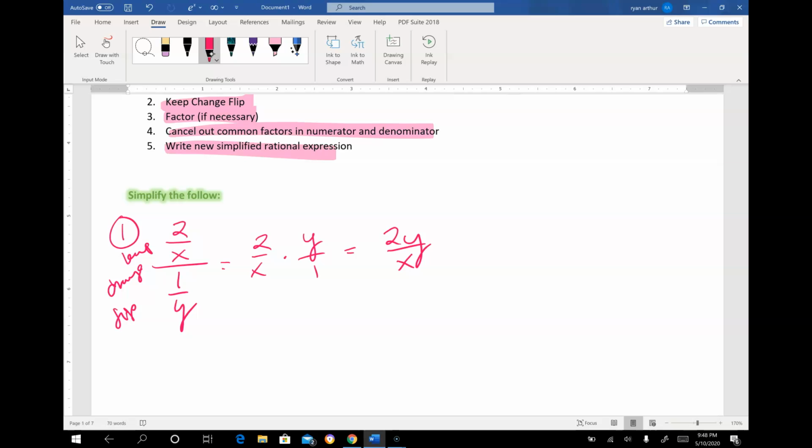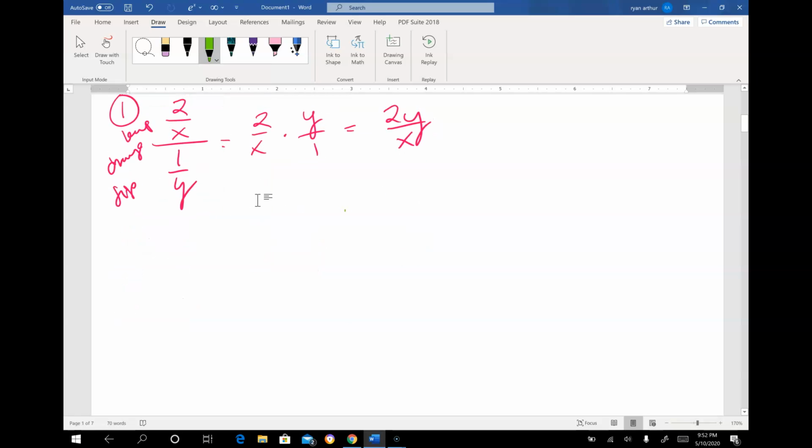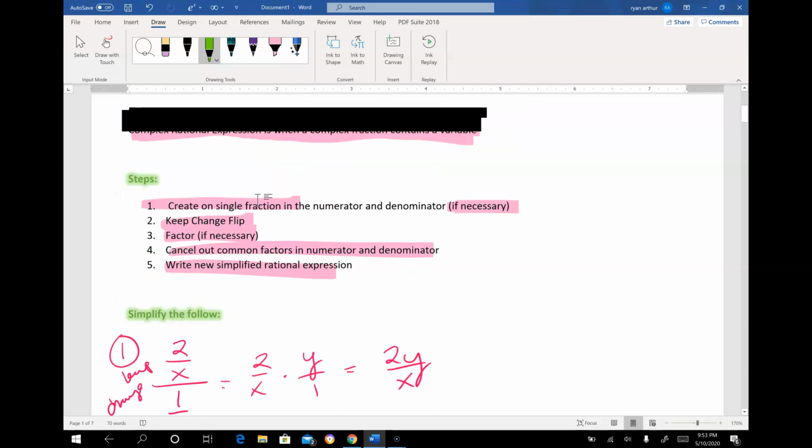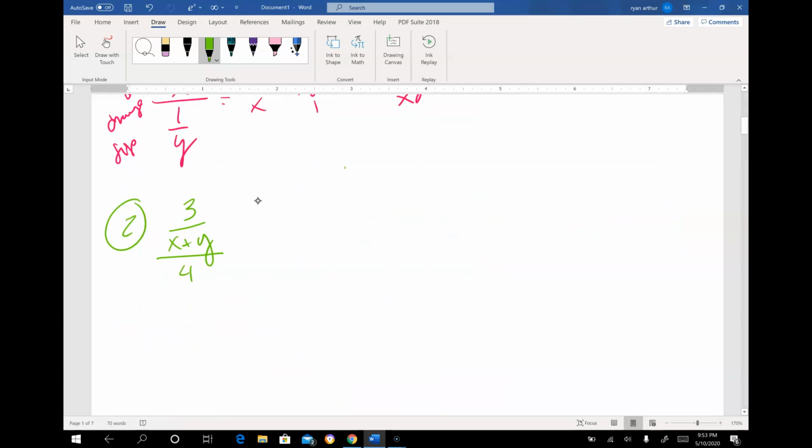Alright, the next one is going to be 3 over x plus y, all over 4. Again, make sure they're both expressed as one single fraction. This one is on top, the numerator. But the denominator, we're going to do like we did up here with the 9, and put it over 1 because it's a whole number.